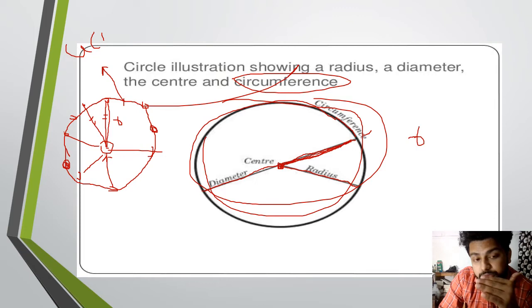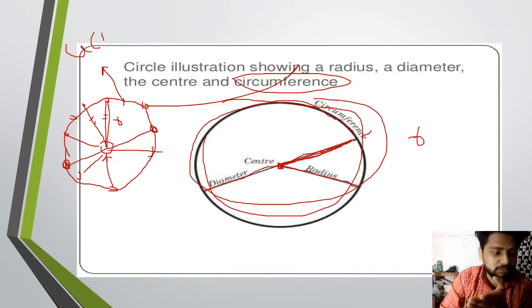This is you, Ramu, Syamu, passing through cutting you. Do you know what we call this line? This is called the diameter.